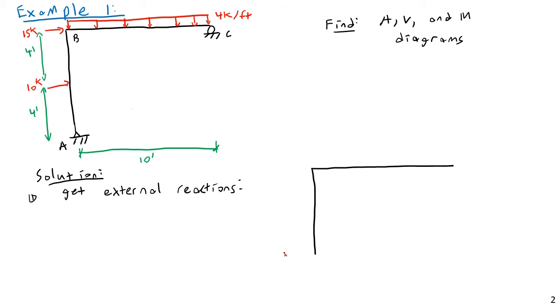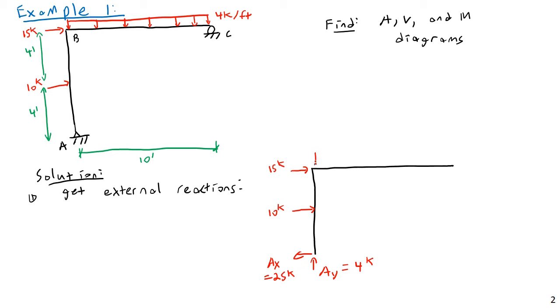We'll have an AY, this is going to equal 4 kips. And AX, we can see where that's going to come from very easily. That's just going to be 15 plus 10. And so AX is going to be 25 kips. Then we'll have our 10 kip lateral force to the right and a 15 kip lateral force to the right.